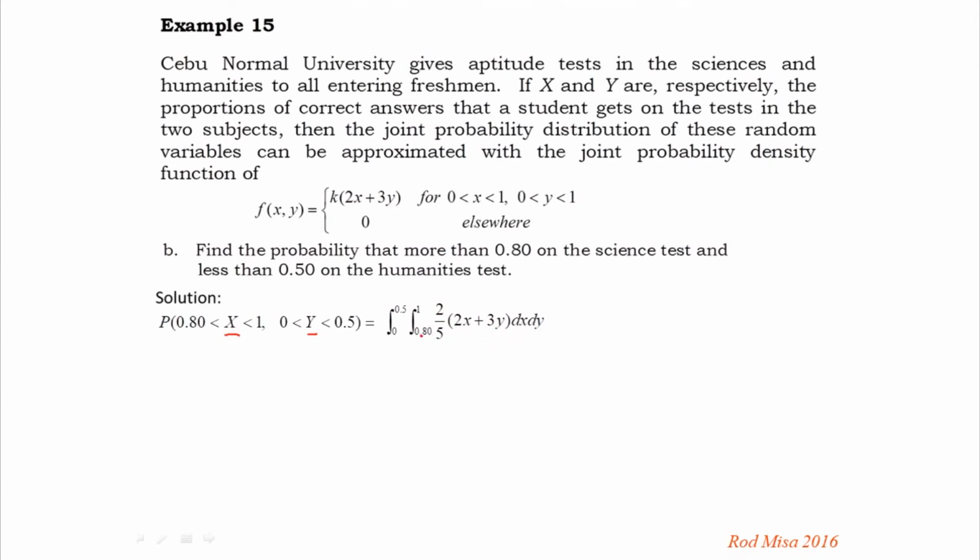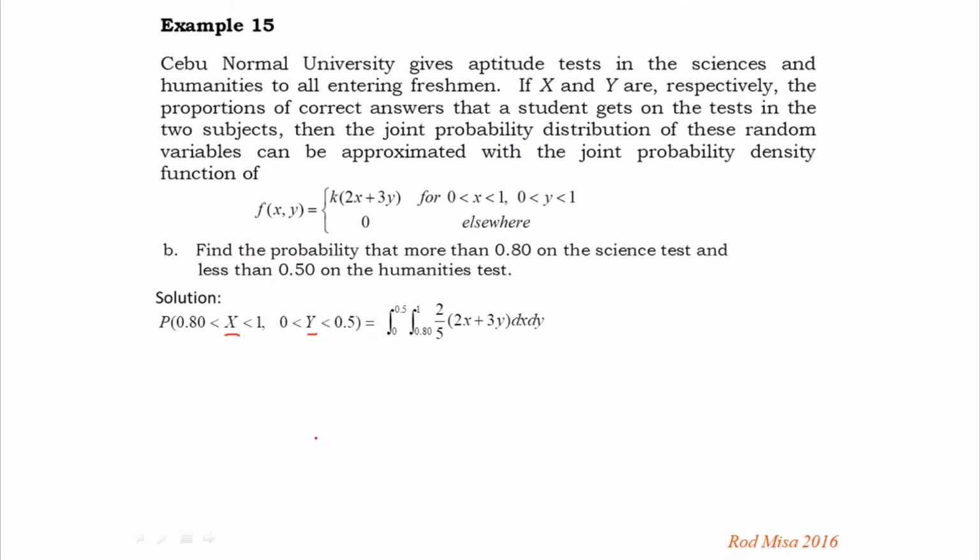So this is 0.80 to 1. And then the result will be integrated also with respect to y, whose limits of integration is from 0 to 0.5, since we are adding all probabilities less than 50%. So that's why our limits of integration is from 0 to 0.5.